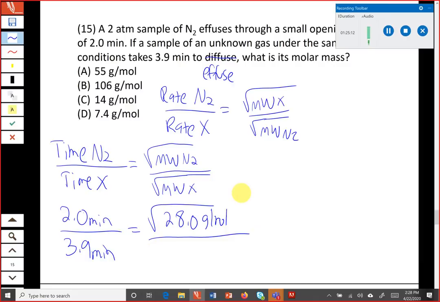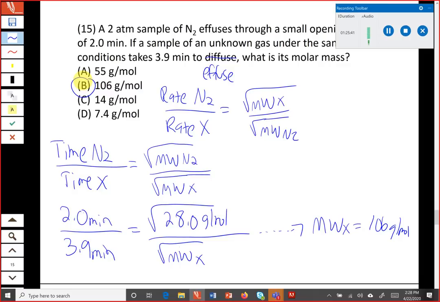The square root of the molar mass of X is the unknown. We'll square both sides of the equation, then cross multiply and divide to solve for the molar mass of X. This algebra is a little different than we've seen before, so make sure you're clear on how to do it. If we do the algebra, which I'm going to skip over for now, the molar mass of our unknown comes out to 106 grams per mole, which matches answer choice B.